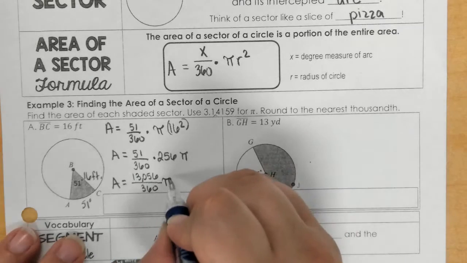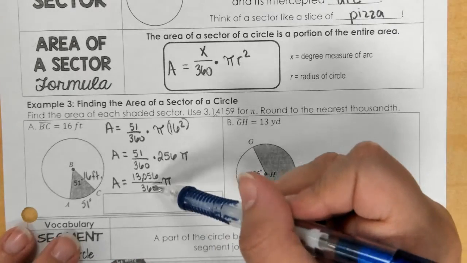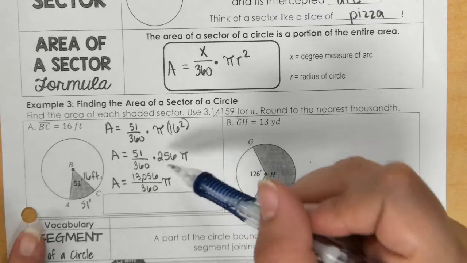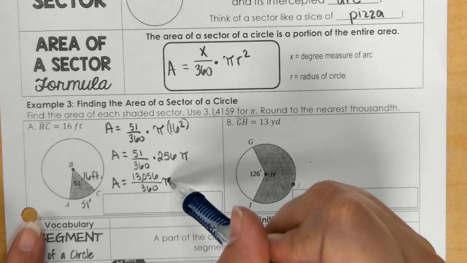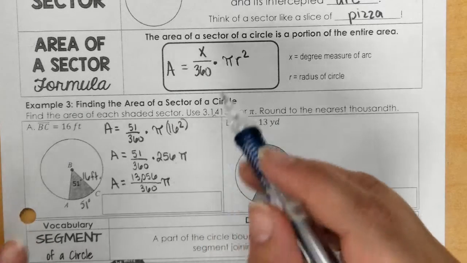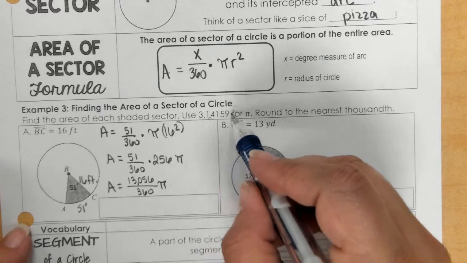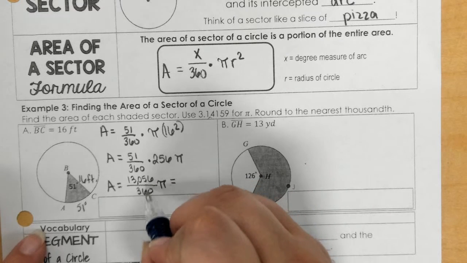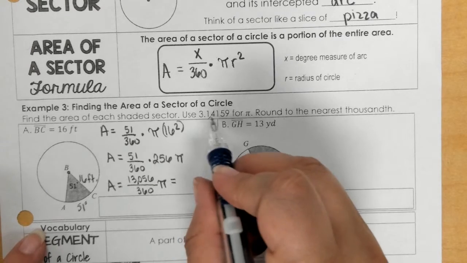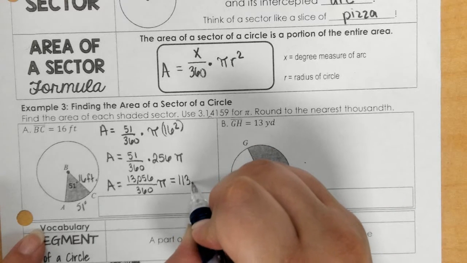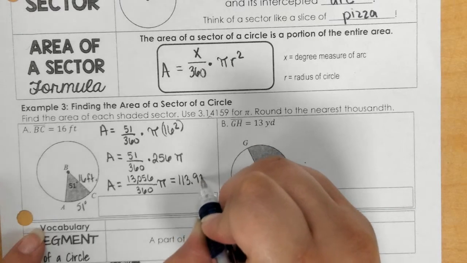So in my calculator, I would divide these numbers first, and then I would multiply by the 3.14159. Do not hit the pi button. If you hit the pi button, you get a slightly different answer than just using these numbers here. So if I divide and then multiply by the 3.14159, I get 113.9349.